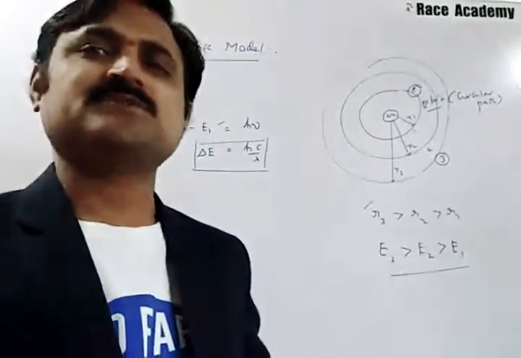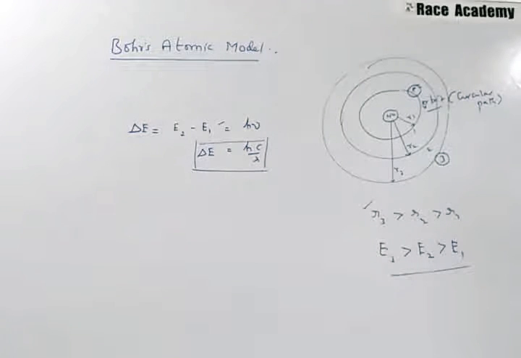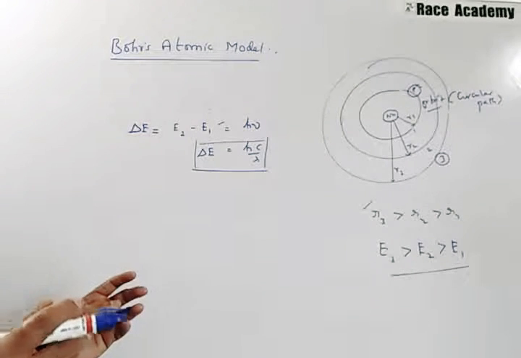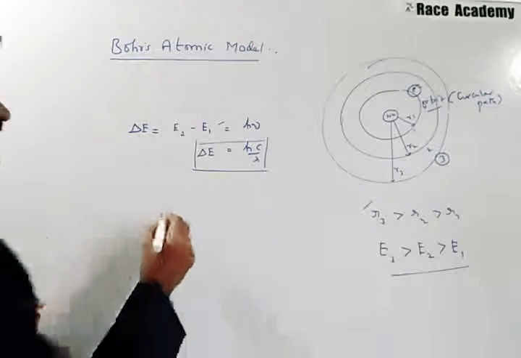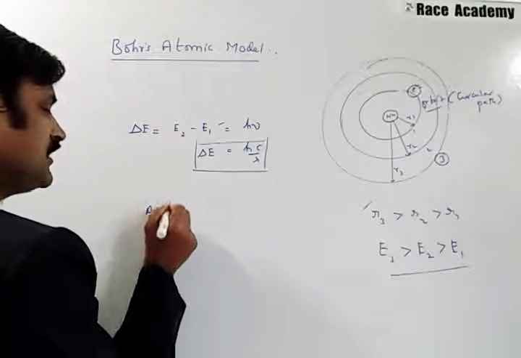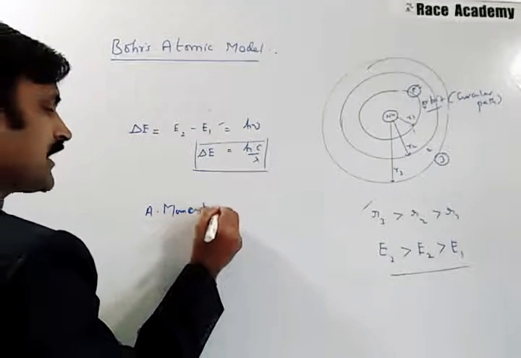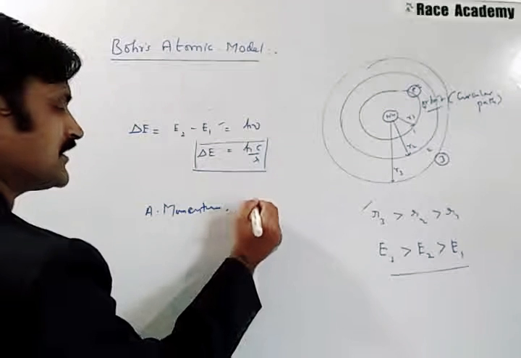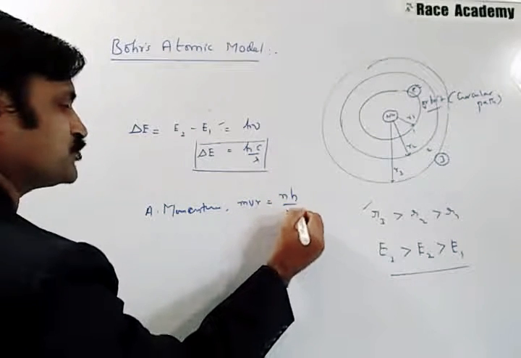Another postulate is about the angular momentum of the electron in motion in the orbits. The angular momentum is given by mvr equals nh by 2 pi.